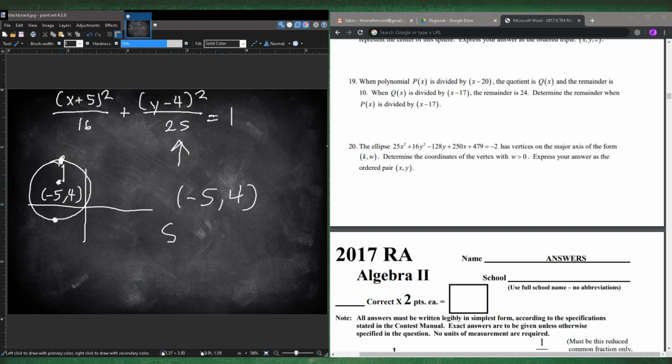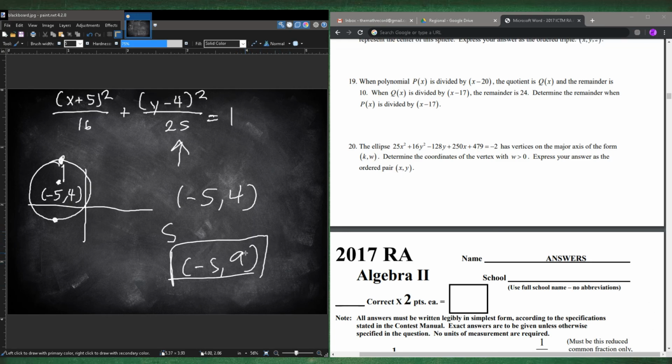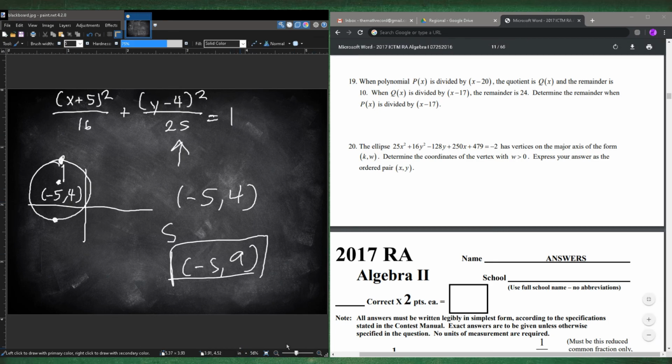Then we just add it to the y. So negative 5, 4 plus 5 is 9, and that is our coordinate. So the vertex where y is greater than 0, our x is equal to negative 5 and our y is equal to 9. So this is our answer for number 20. And that's basically it.